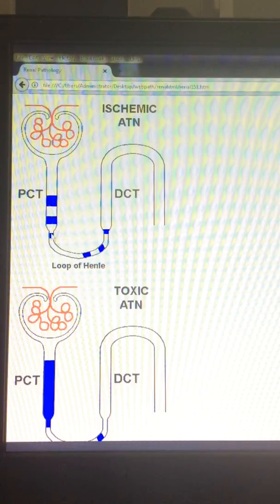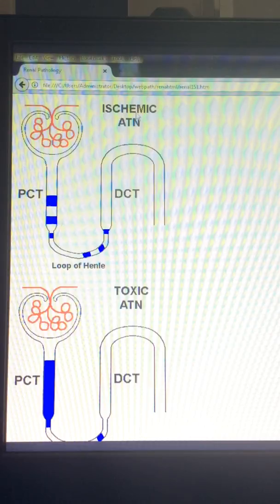These are the proximal tubules, loop of Henle, and distal convoluted tubules. So there is patchy involvement of the tubules in ischemic acute tubular necrosis. But for toxic acute tubular necrosis, it's continuous or diffuse involvement of the tubules.